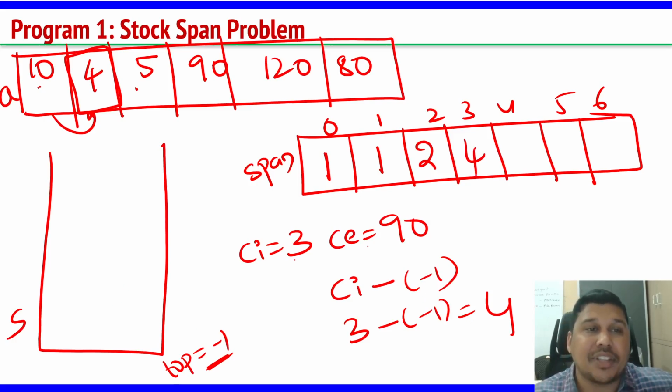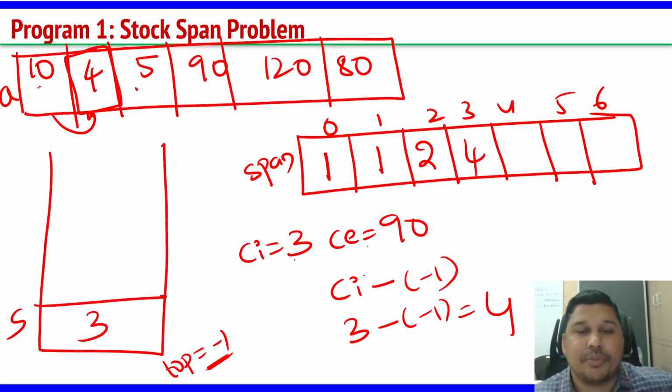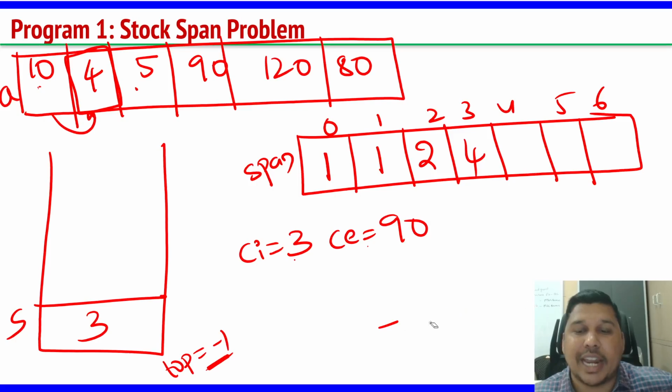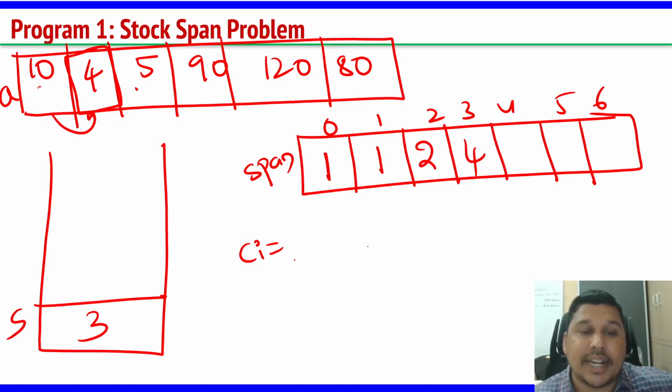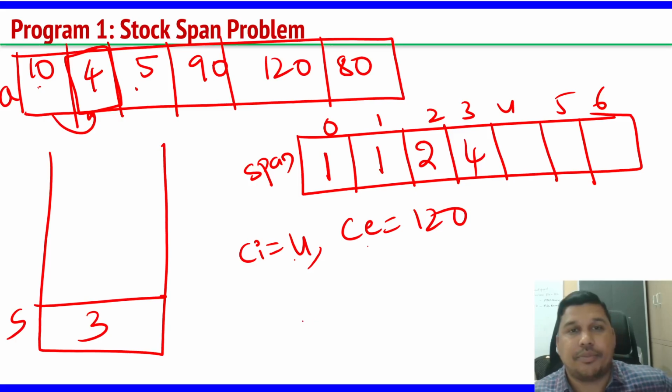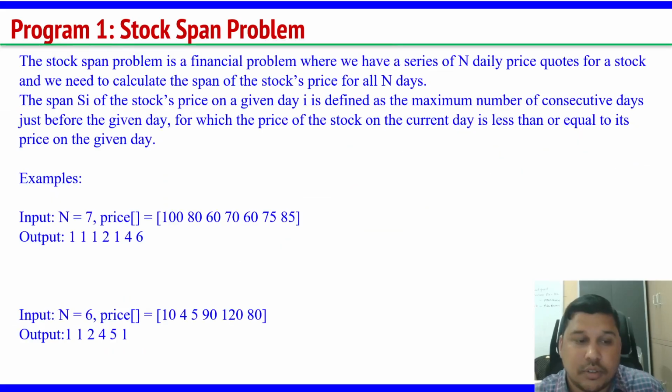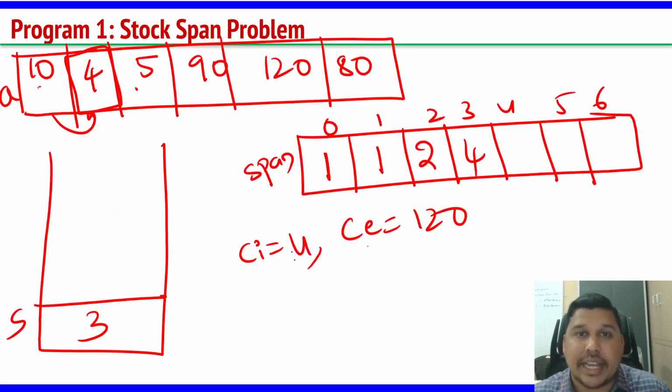And after that, I have to push the index of the current element 90, that is 3, onto the stack. Now my current index is 4 and the current element is 120. Now again compare the current element 120 with the stack top index element.